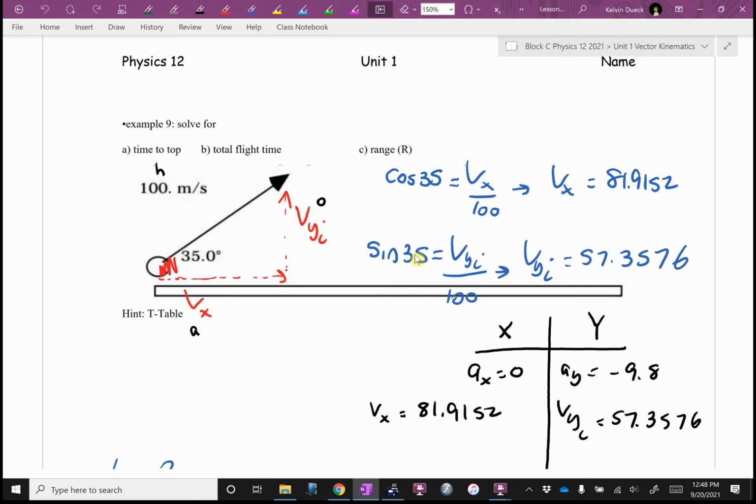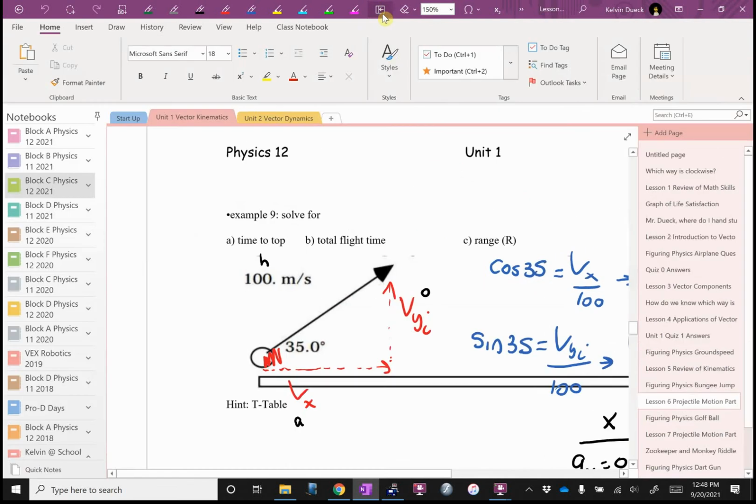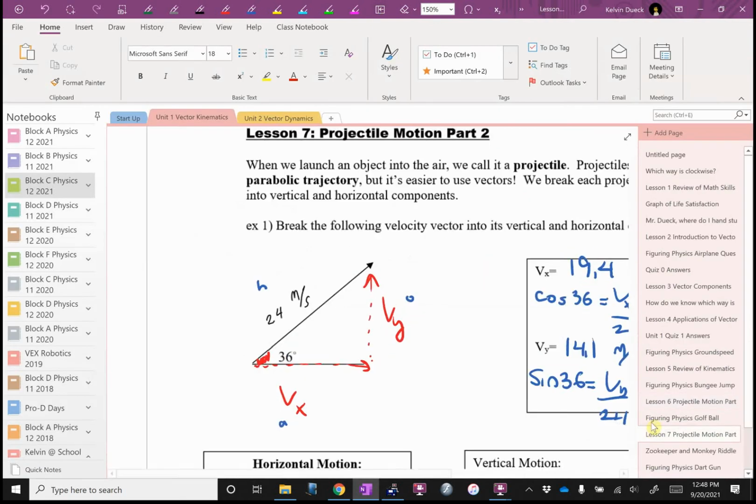I got nothing. Hey, Logan, which trig function is Vx? Of course it is. Okay? So Vy is sine. Vx is cos. If you want to use that as a shortcut, go ahead. If you want to derive it every time, that's fine too. But this will work.